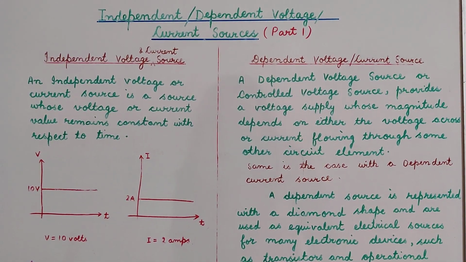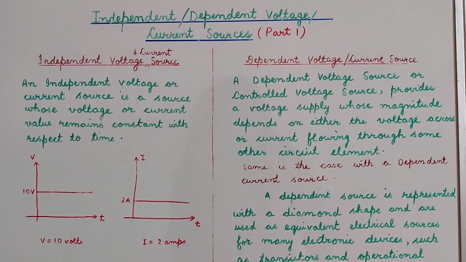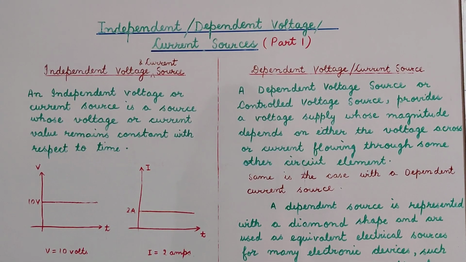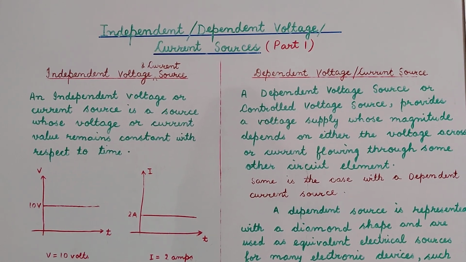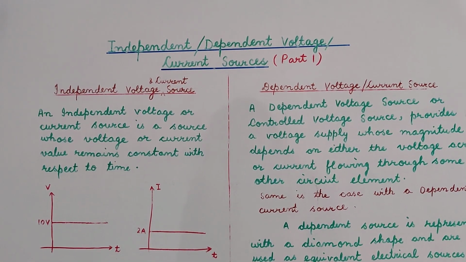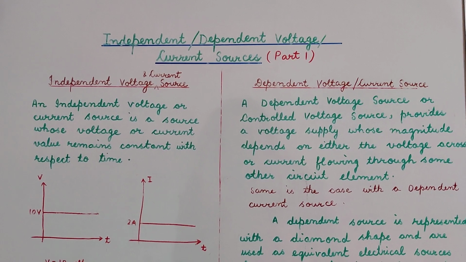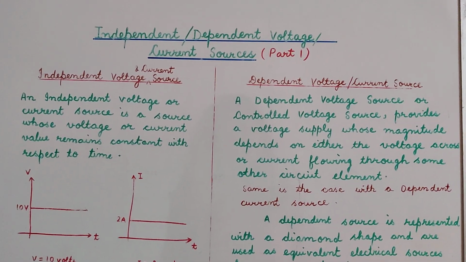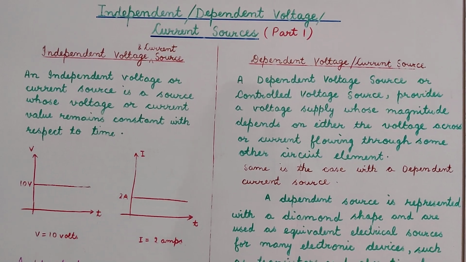That is, the value of the independent voltage source or the independent current source will remain constant for all values of time t. Let us understand this with the help of an example.